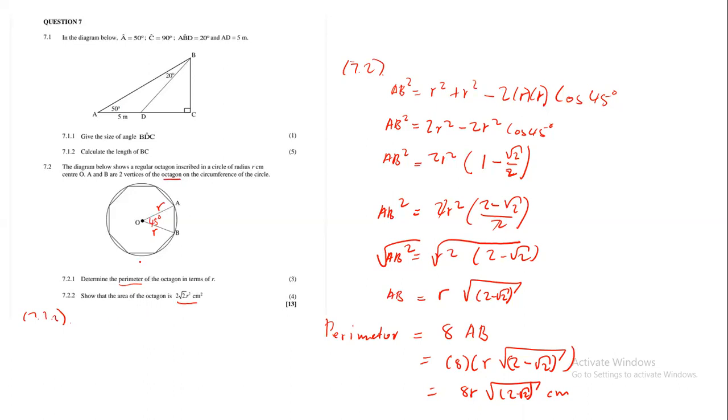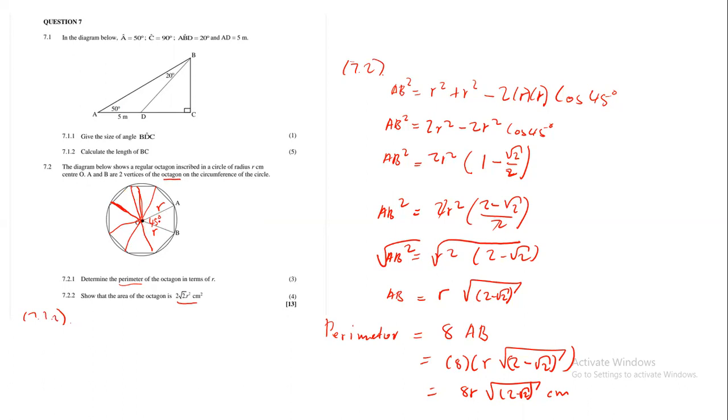Okay, so now let's go back to our octagon. They want the area of the octagon. So I said to you, if I draw the radii, you're going to have to forgive me about that, how many triangles do I have? 1, 2, 3, 4, 5, 6, 7, and 8. That means I have 8 triangles.